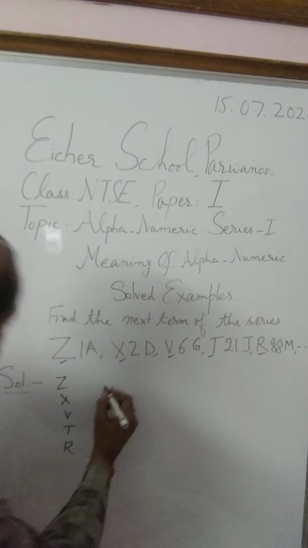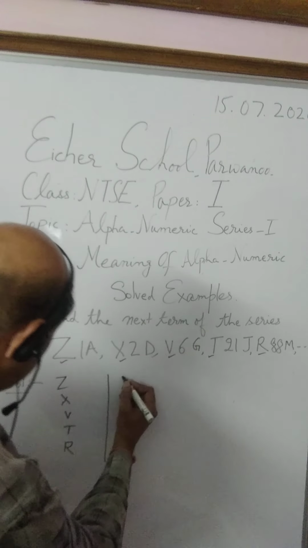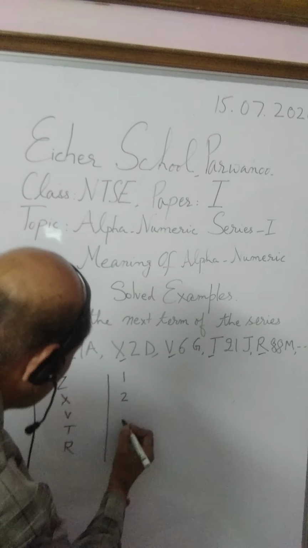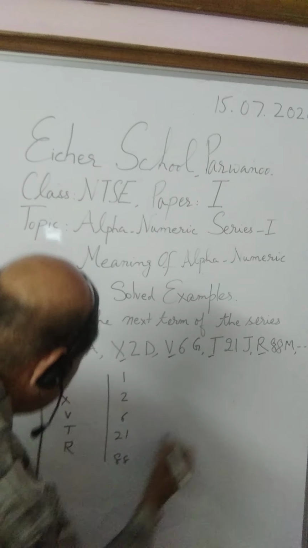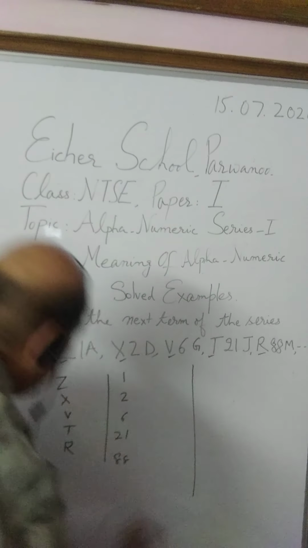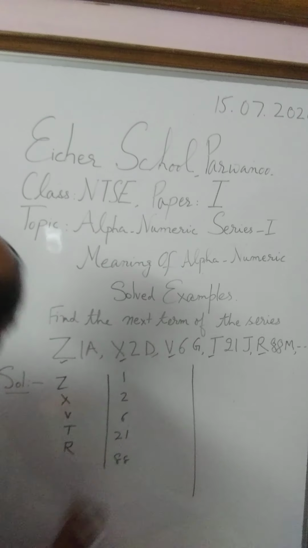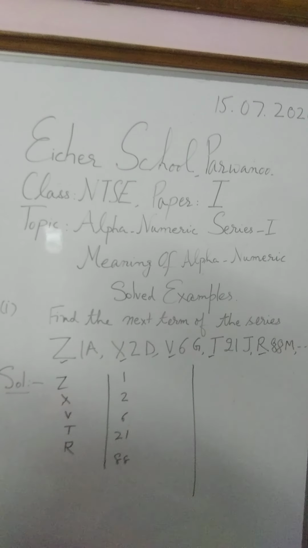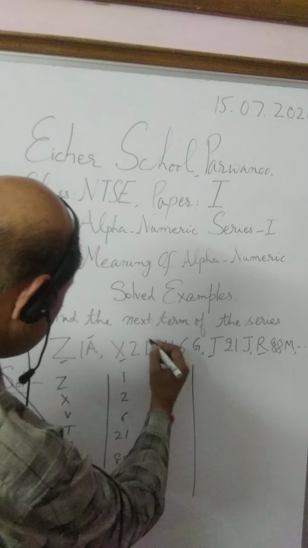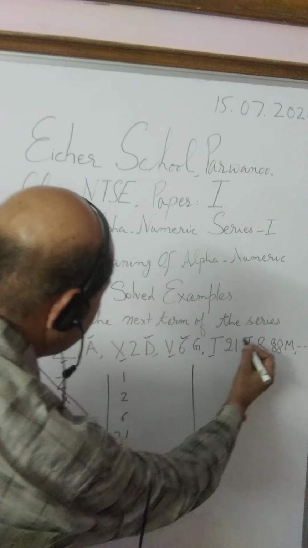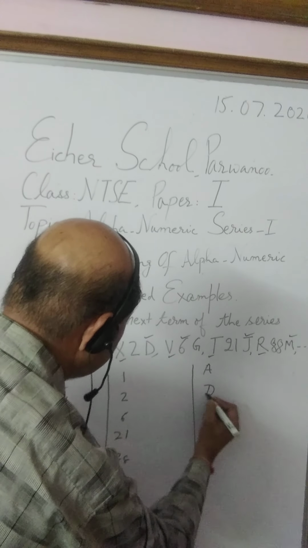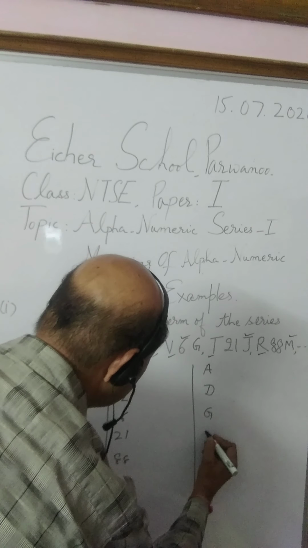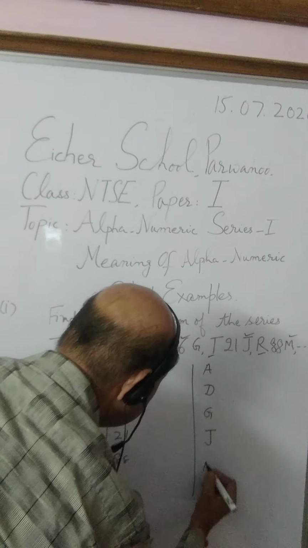Then I will write the numbers 1, 2, 6, 21, 88. These are numeric digits and they form a certain pattern of a series or a sequence. Thereafter, the third block: A, B, G, J, N.